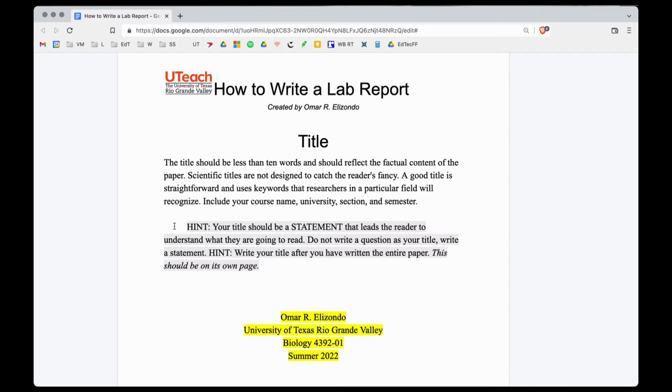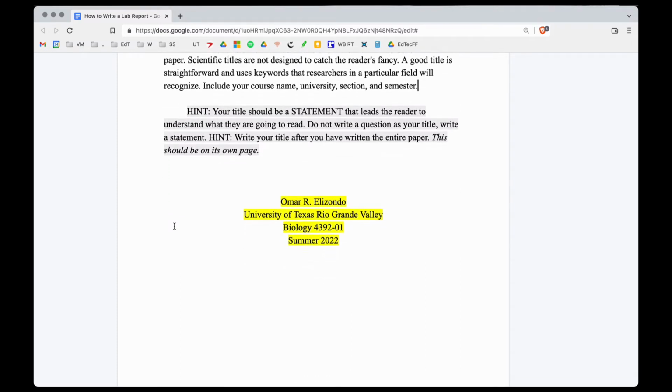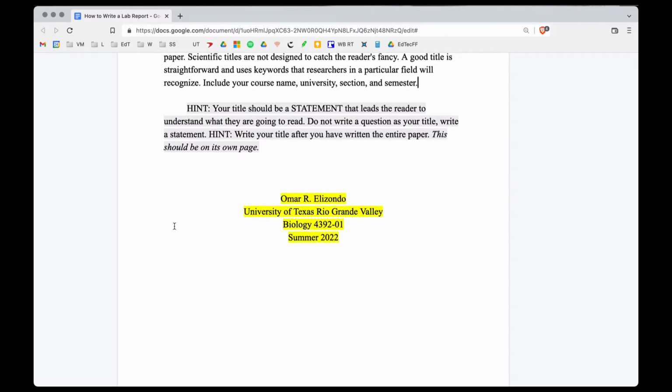So it's important that you do this so that it's very clear what the objective of the paper itself is. And I highly recommend that your title be written last. It should be one of the last things you write. It's one of the first parts of your lab report, but it's one of the last things you write. So here's an example in yellow of how it should look, except I don't have a title.